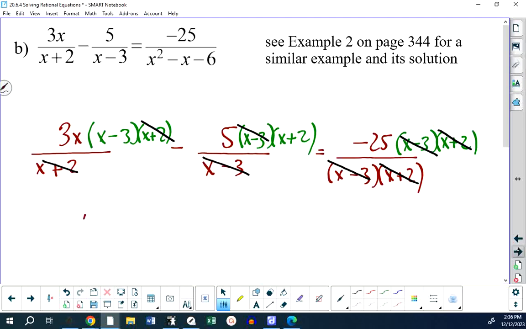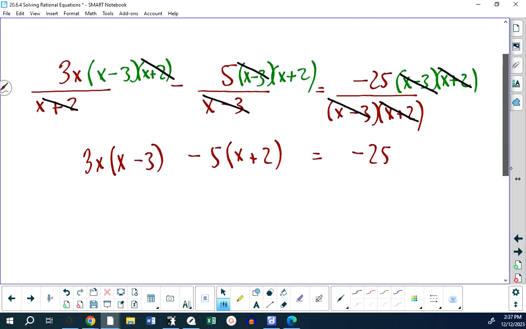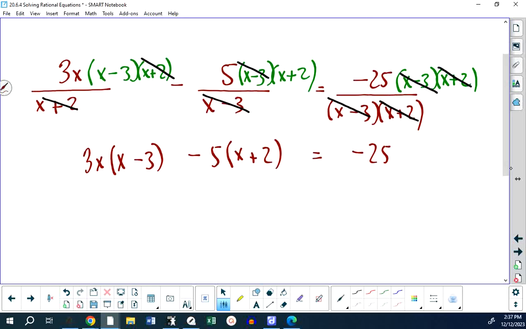So I have 3x times x minus 3 minus 5 times x plus 2 equals negative 25. I guess we can't really decide what to do unless we expand this out. As soon as I do that, you probably saw it right away, I'm starting to see I'm going to get a quadratic equation.